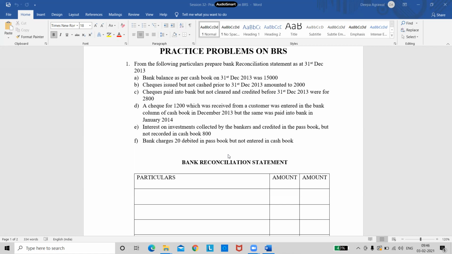Check paid into bank means it will record in passbook, but it is not clear in cash book. Okay, sorry. Hepzibah, can you tell me the meaning of this transaction? Can you explain me?